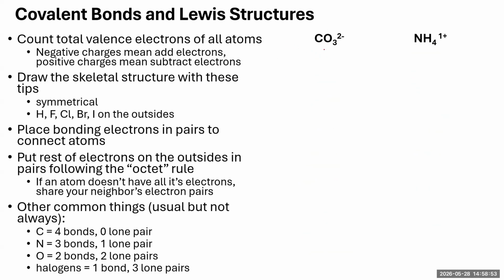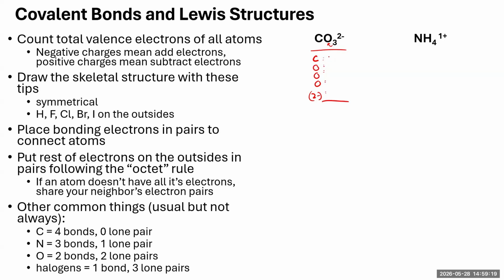All right, CO3 2 minus. So we have carbon, we have 3 oxygens because it's the 3, O, O, O, and then we have this 2 minus. I'm going to put in parentheses, right? If it's negative, that means it picked up 2 electrons, right?